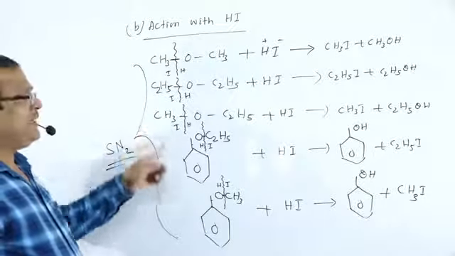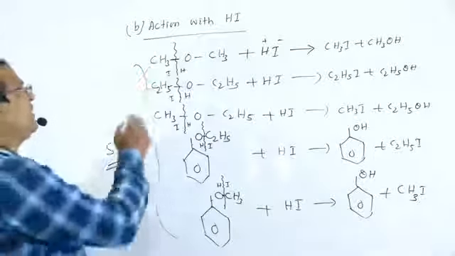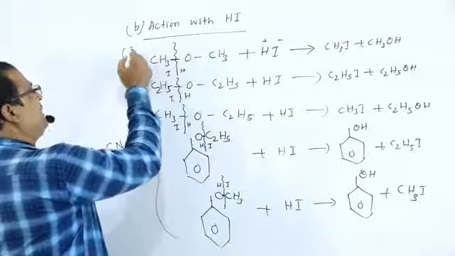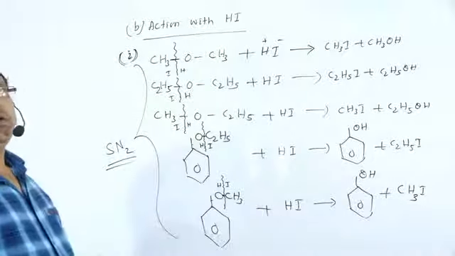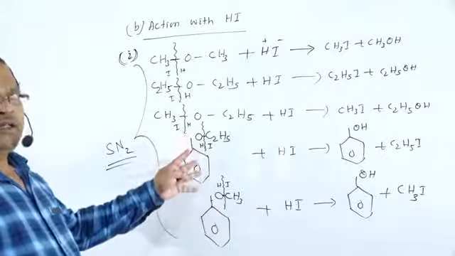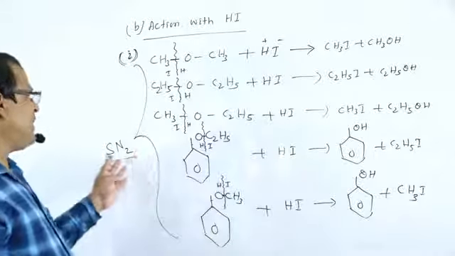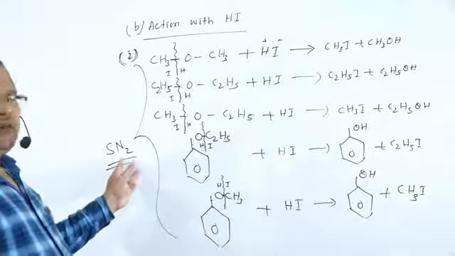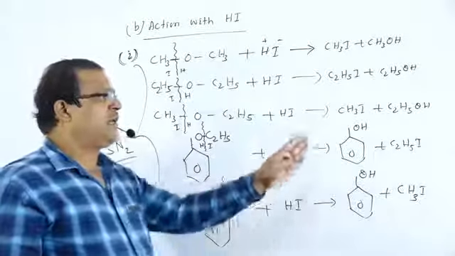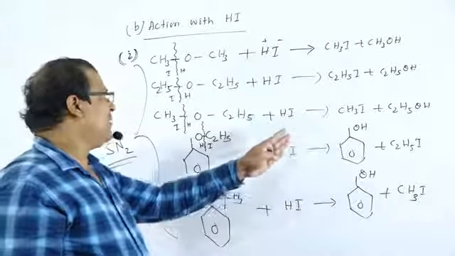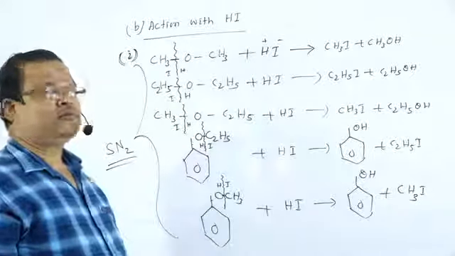These are examples of SN2 reactions. Whether the ether is symmetrical or unsymmetrical, when treated with HI it proceeds through the SN2 mechanism. The less carbon-containing alkyl group is converted to alkyl iodide, and the rest is converted into alcohol.